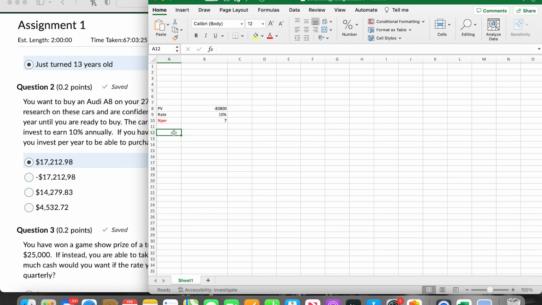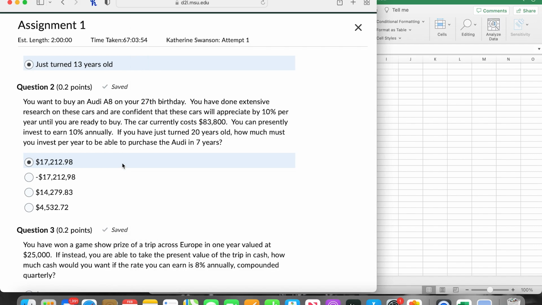So now we're going to calculate the final value. So what would it cost in 7 years? So equals FV, rate of 10%, 7 periods. We're going to skip over payment because you would be paying once per year for initial value of this. So it's $163,302.49 currently.